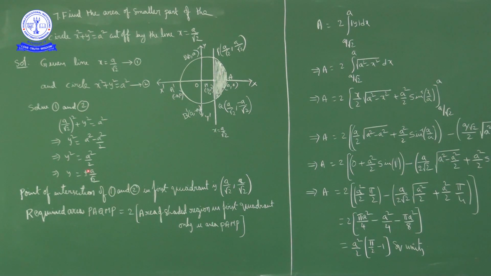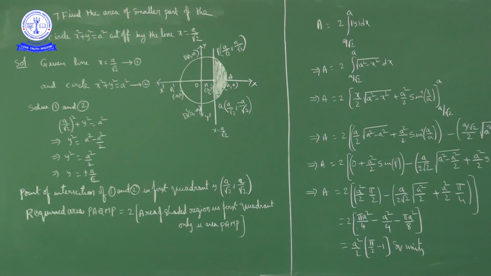So y is equal to plus or minus a upon square root of 2, which means x is equal to a by root 2 and y is equal to a by root 2. That is one point of intersection. Another point of intersection is x is equal to a by root 2 and y is minus a by root 2. So the points of intersection of circle and line are point P, a upon root 2 comma a upon root 2, and point Q, a upon root 2 comma minus a upon square root of 2.